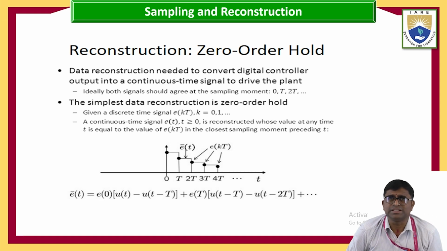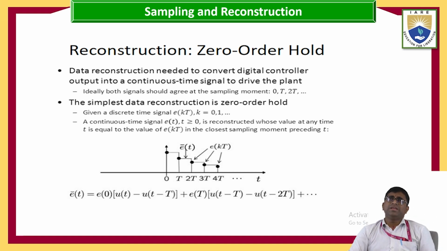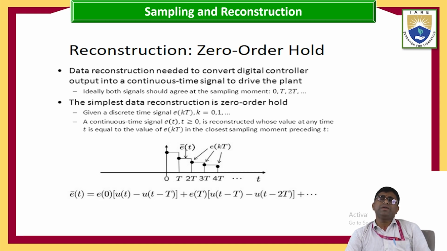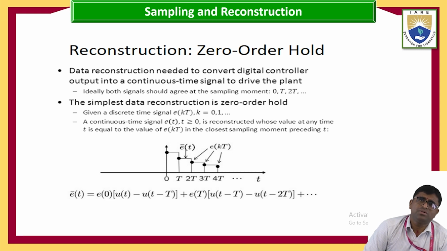Generally, in the case of reconstruction, the sampling moments will be at 0, T, 2T, 3T, 4T like this. The sampled data reconstruction is the zero order hold. It is given that the discrete time signals are for k equal to 0 and k equal to 2.